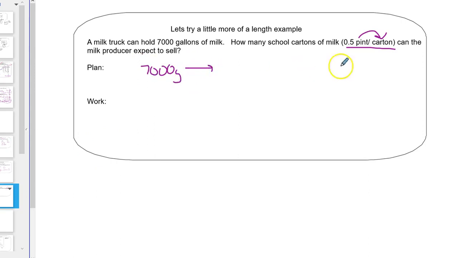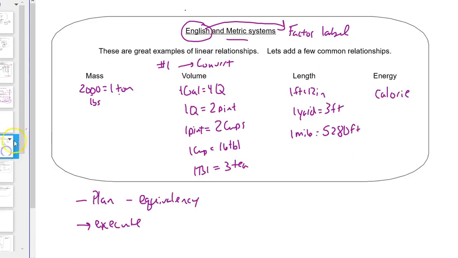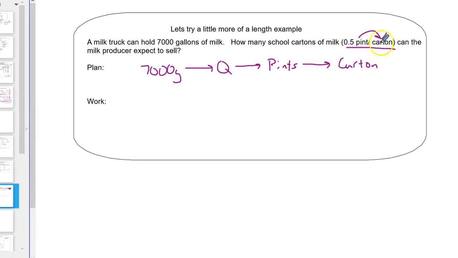I want to get eventually to cartons. So I'm going to go gallons to quarts, quarts to pints, and pints to cartons. I think I know what my equivalencies are. I'm going to use this equivalency, this one, and then this one right here. Let's set it up.